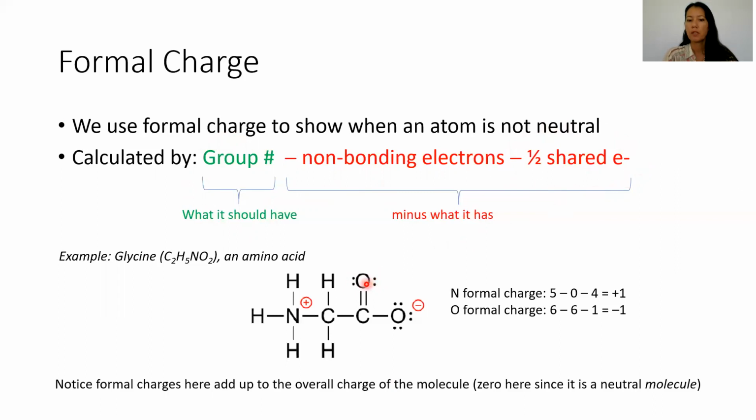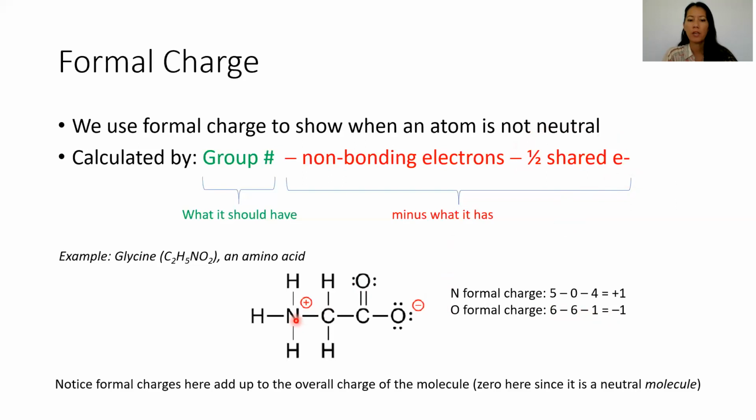Oxygen's in group 6, minus 1, 2, 3, 4 lone pair electrons, or 4 non-bonding, minus 2 bonds, 0 formal charge. This lower one, though, it has 6, but it's sharing more than that. So that means it's going to have an extra electron share, so it'll have a -1, but you could calculate it here. Group 6 minus 1, 2, 3, 4, 5, 6 non-bonding electrons, minus 1 bond, that gives a -1 charge. So you could think of half the shared electrons as the same thing as the number of bonds.